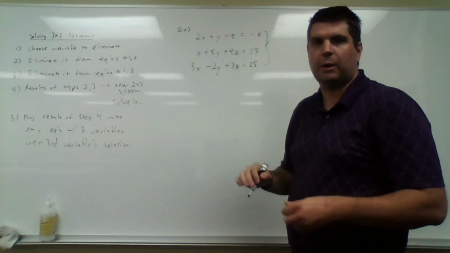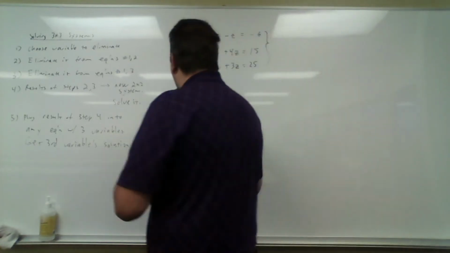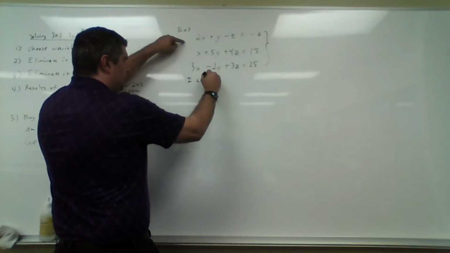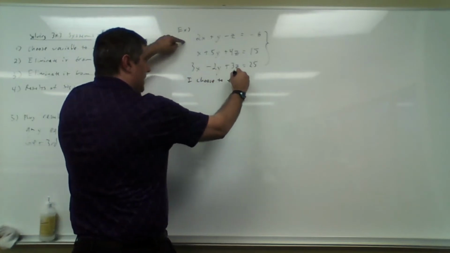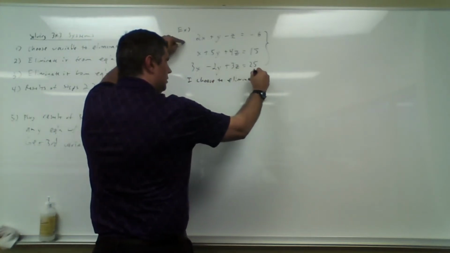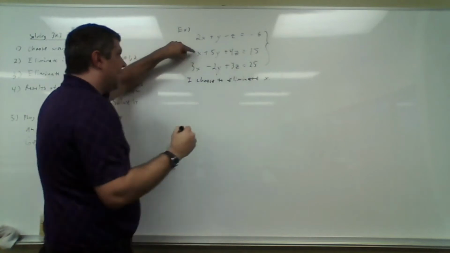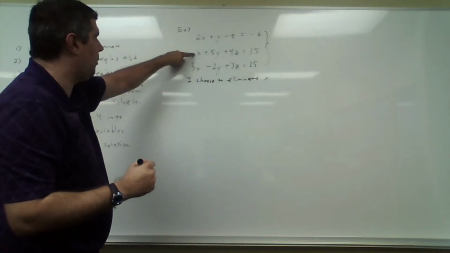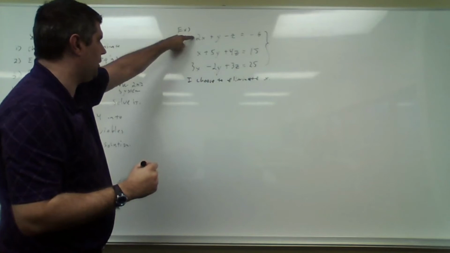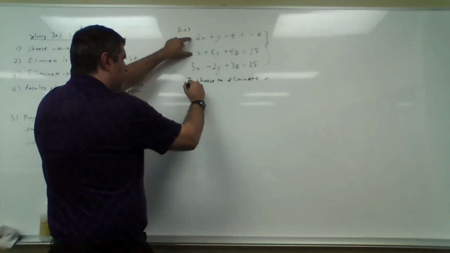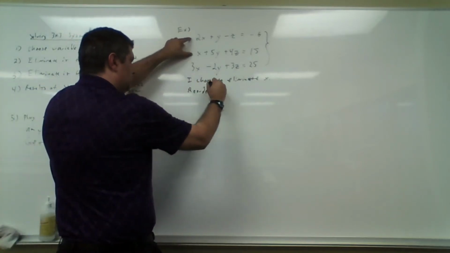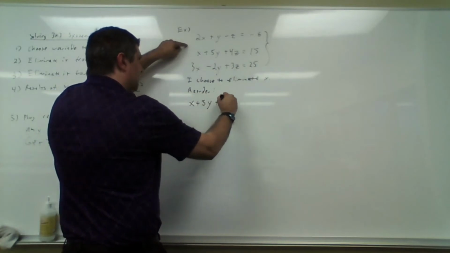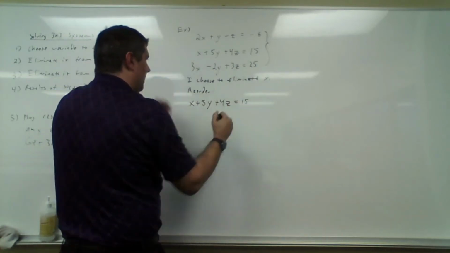So here we go. First of all, if I'm going to eliminate x, now here's the beauty of it. This has a coefficient of 1, so I will put it in the row of the first equation. So I'm going to reorder. So that'll be x plus 5y plus 4z equals 15.